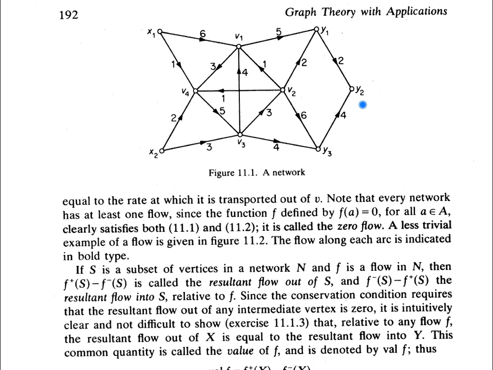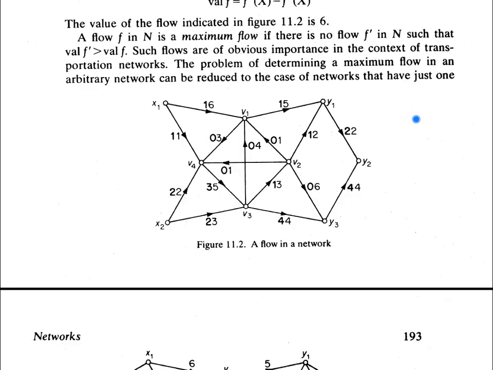But this makes things more complicated, so we add one single source and one single sink. Okay. This is an example of a flow where the value f is bold here, and the capacity is the normal character.